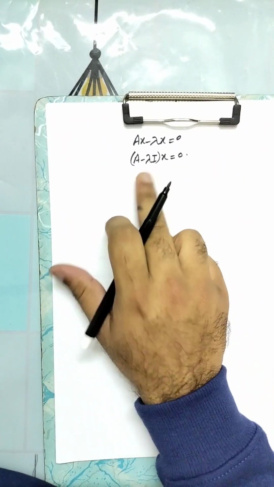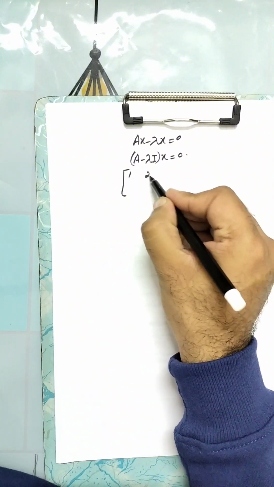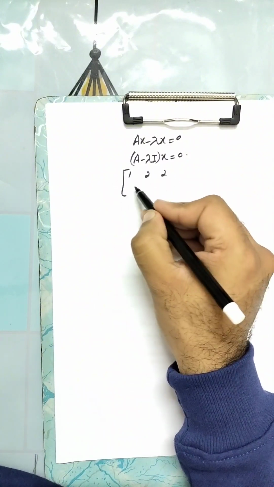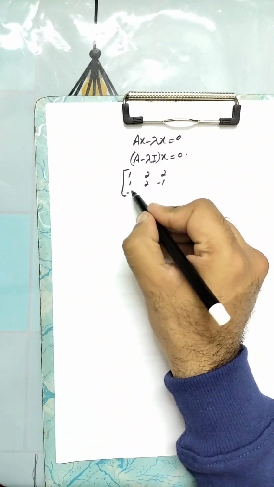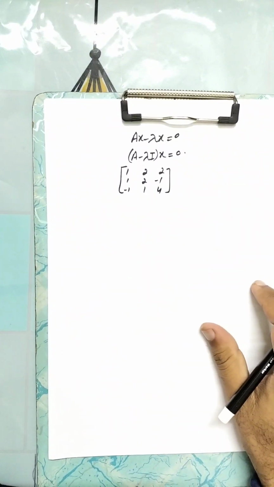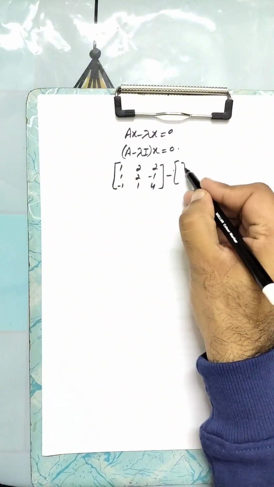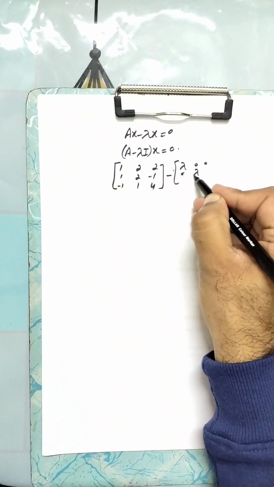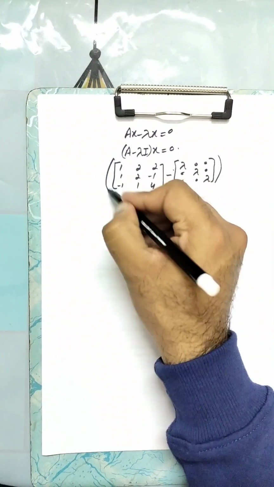So we first find A minus lambda I. So what is A? A is 1, 2, 2, 1, 2, minus 1, minus 1, 1, 4. So minus lambda I is lambda 0 0, 0 lambda 0, 0 0 lambda. And what is x?